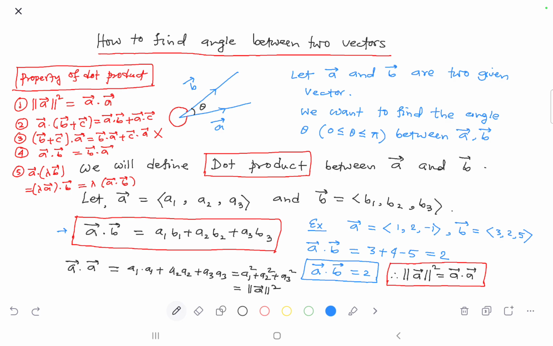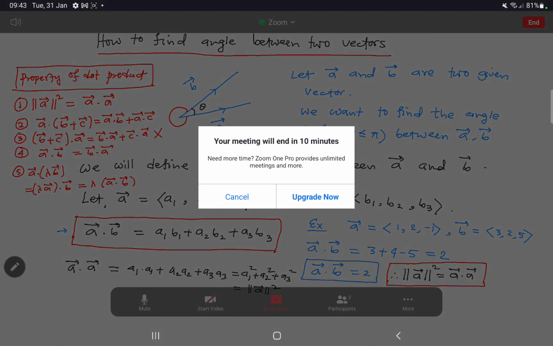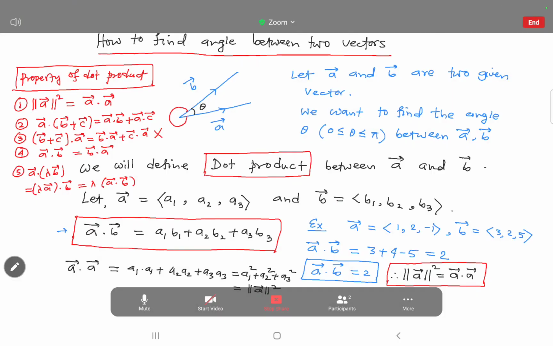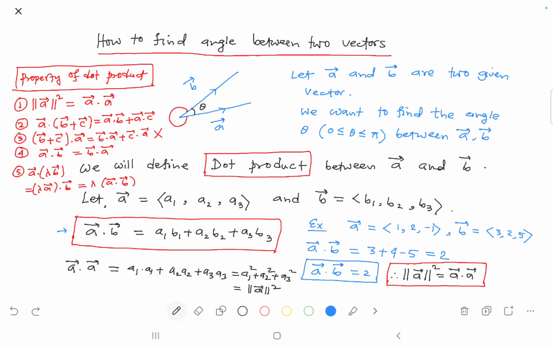Just believe this, you can prove these properties, or should I go through the proof? Yeah, can you go through all these 5? So can you believe me for 5 minutes? If you believe these 5 properties of dot product, then I can prove the angle.